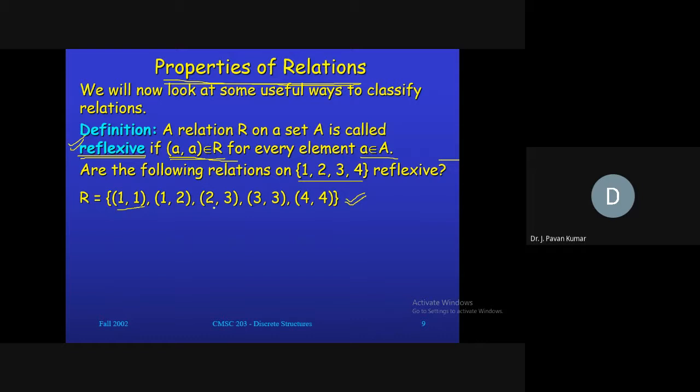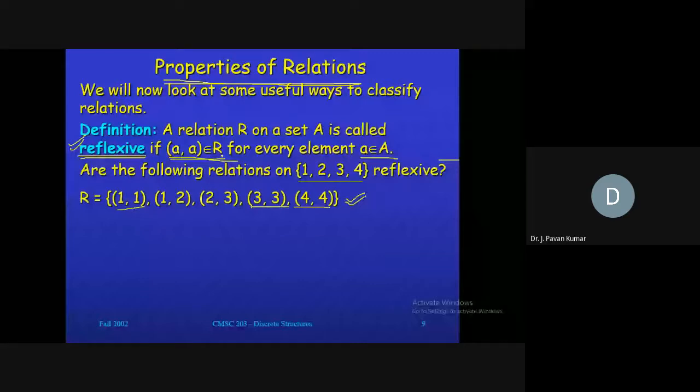We have 1 comma 1, 3 comma 3 and 4 comma 4, but 2 comma 2 is not part of it. According to the definition, (a, a) belongs to R for every element a belonging to A. This condition is not satisfied for the element 2. So can we consider it a reflexive relation? No. So R is not a reflexive relation.